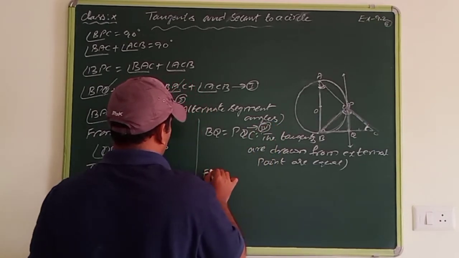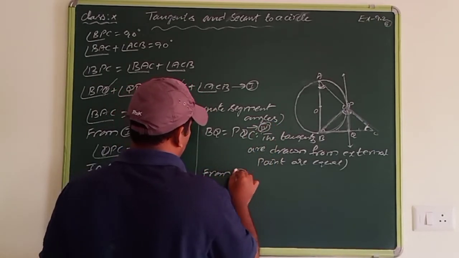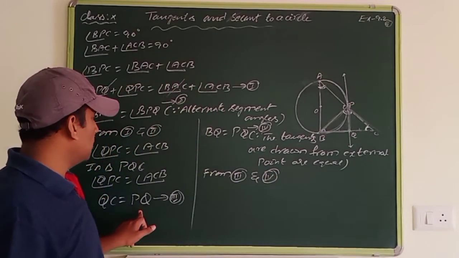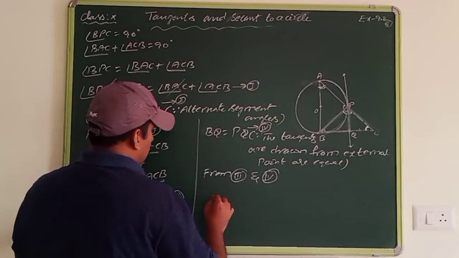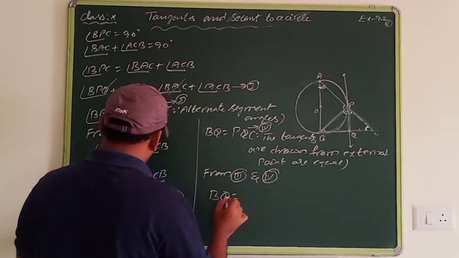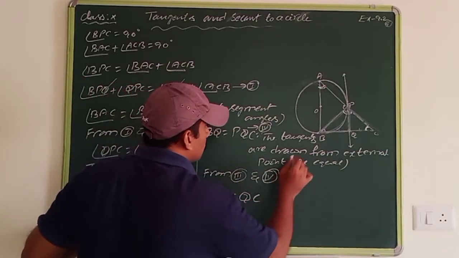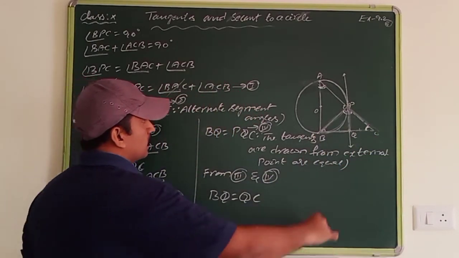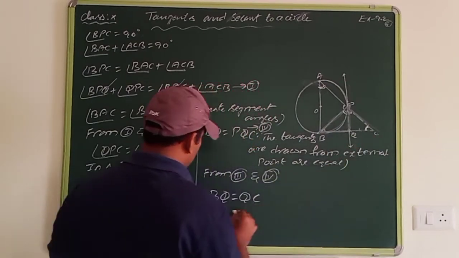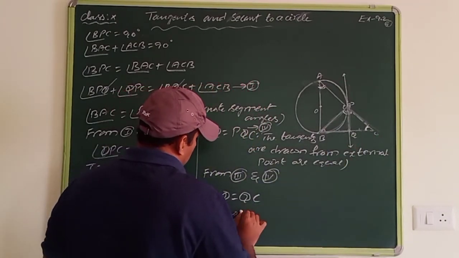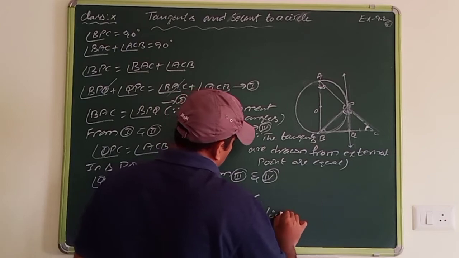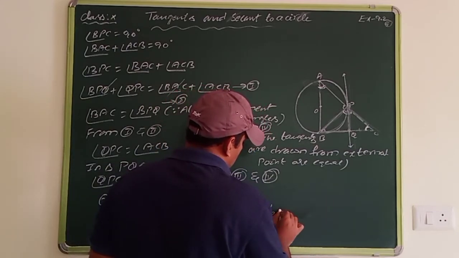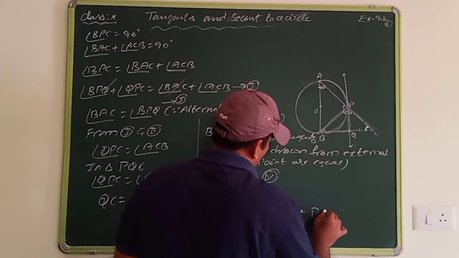Now from 3 and 4, what do we conclude? From 3 and 4 you observe here QC is equal to PQ but PQ is equal to BQ. Therefore BQ is equal to QC. That means this tangent bisects PQ.